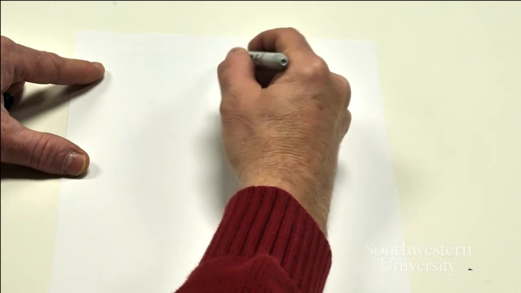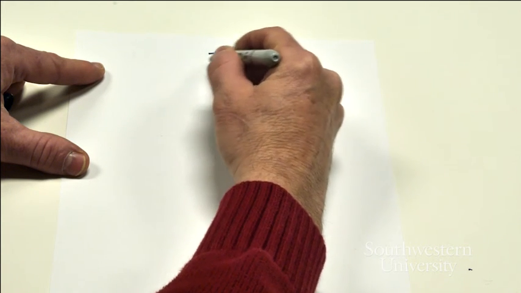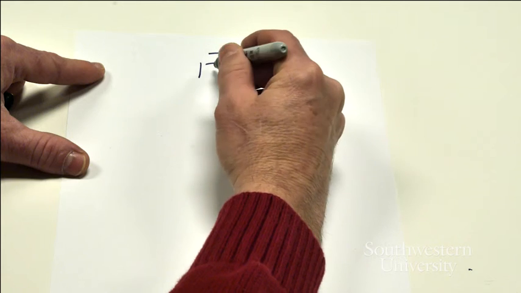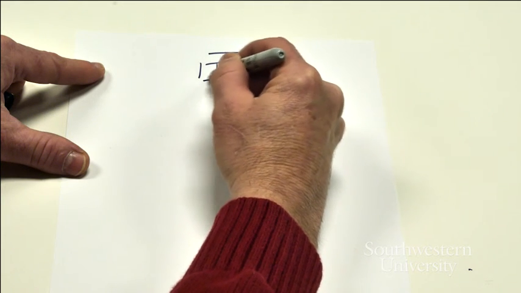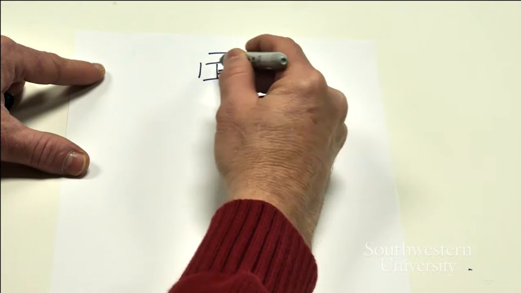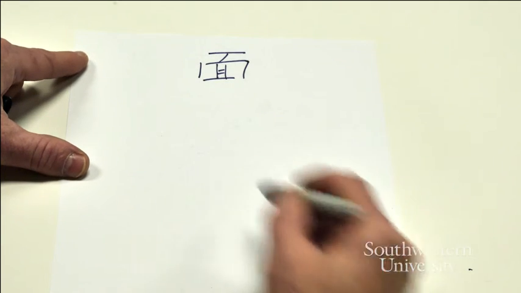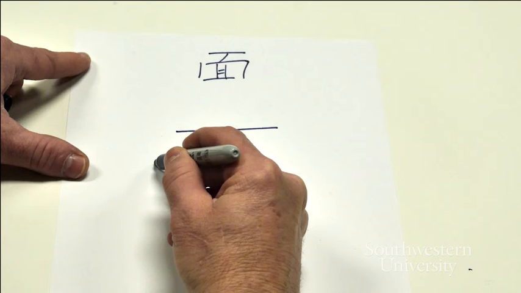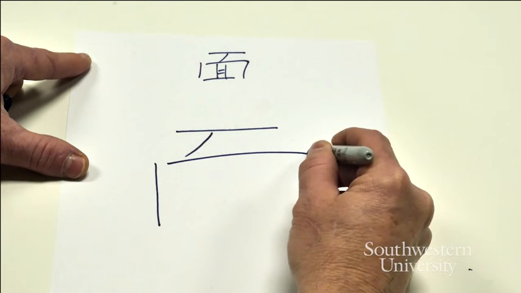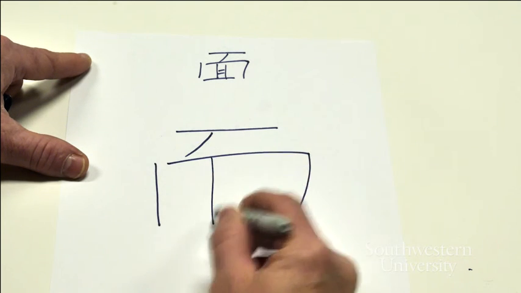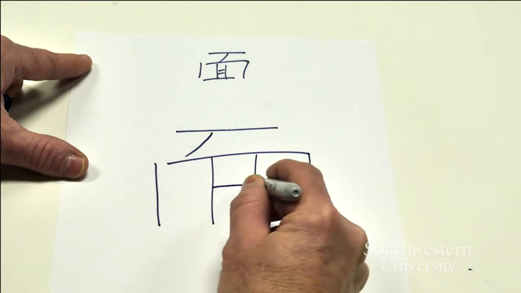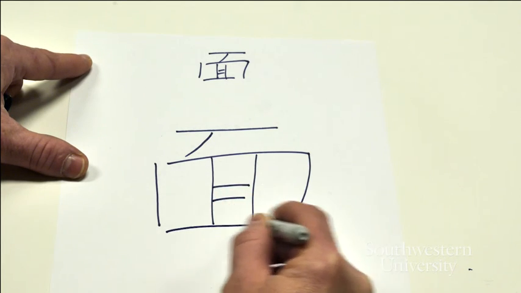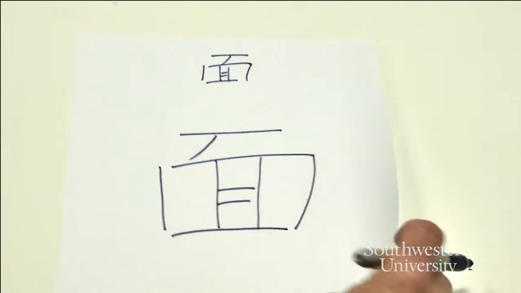So it is sort of an outline of the face with the nose in the center and the eyes to either side. Mian.